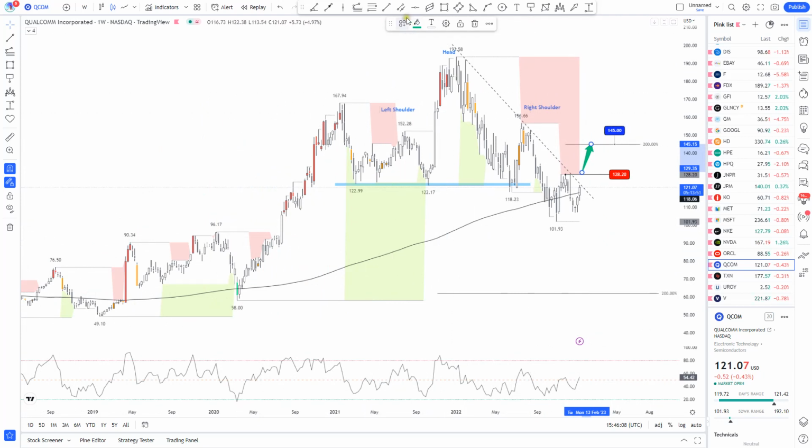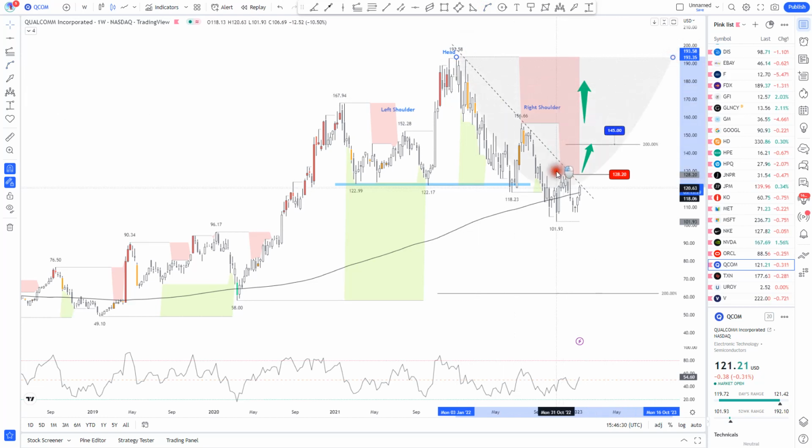Of course, we need to wait for a violation of this fractal, 156.66, which may trigger at least a retest of this previous structural resistance, very similar to the cup that we projected for the other stocks.